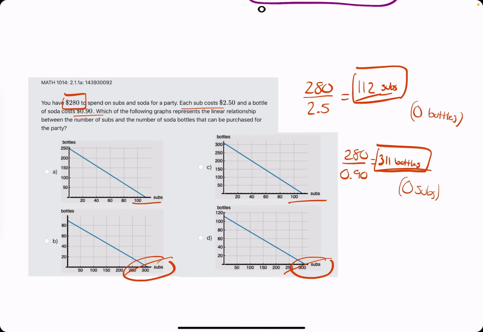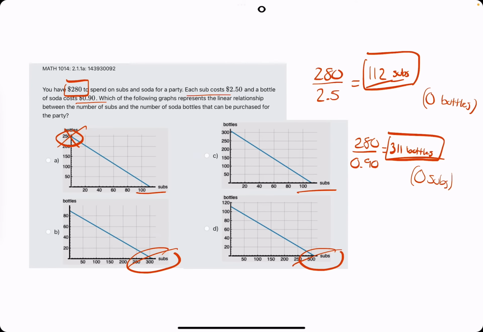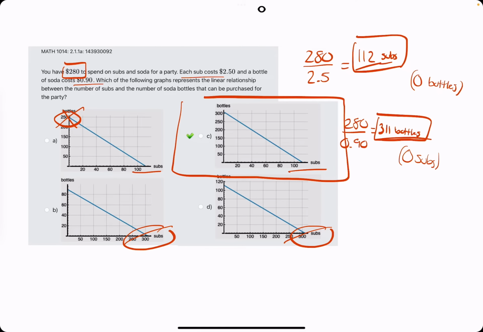No, that's looking all right. All right, so now 311 bottles. Looks like the intercept on the bottles here is like 250, so I'm not feeling that. But maybe this one, a little over 300, that checks out. So I'm going to go with option C because it had the 2 correct intercepts on the bottles and subs axes. Hope that makes sense.